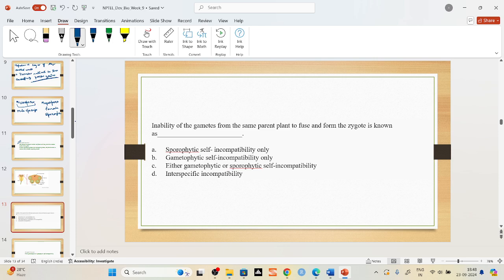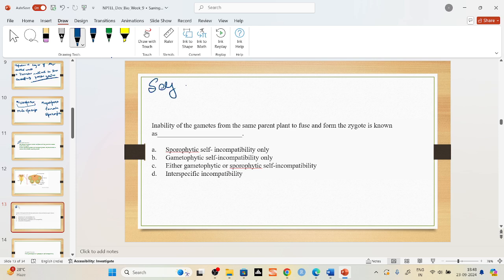First is sporophytic self incompatibility, and the second one is gametophytic self incompatibility. Sporophytic self incompatibility occurs when the incompatibility is determined by the diploid genotype of the sporophyte, that is, the pollen producing plant.